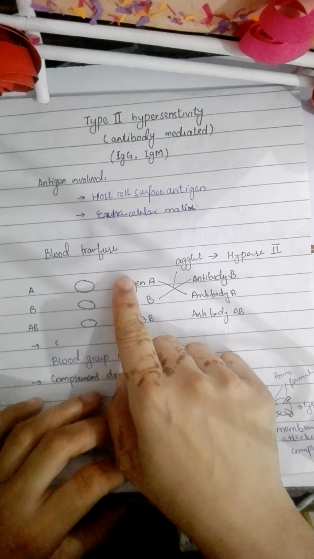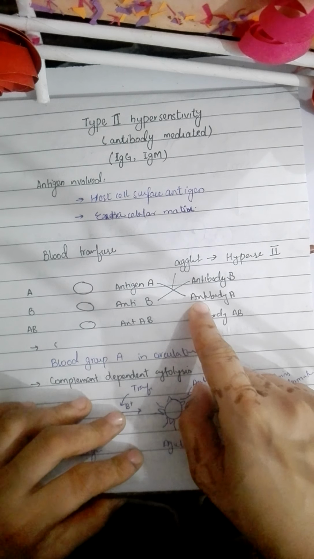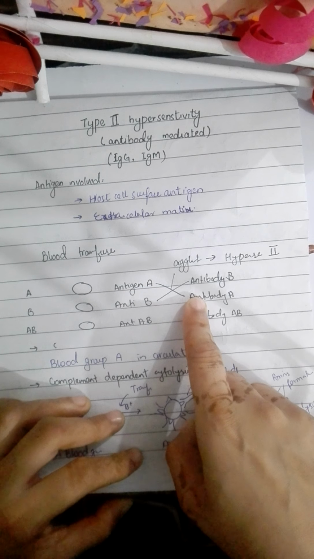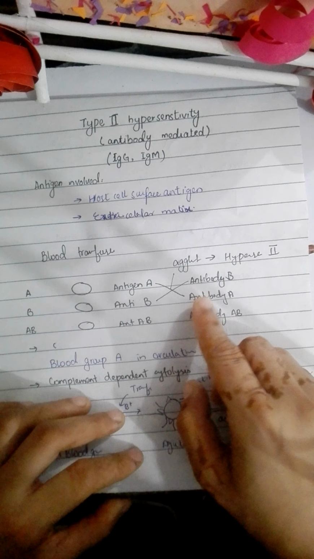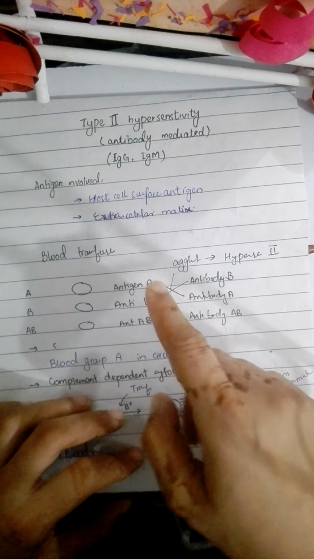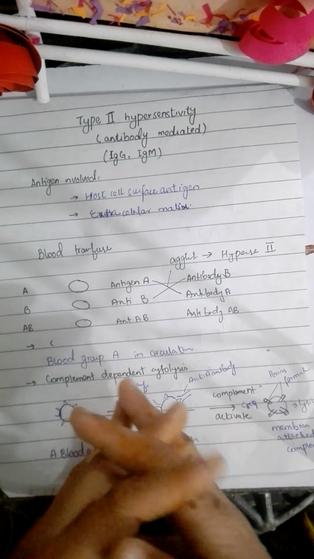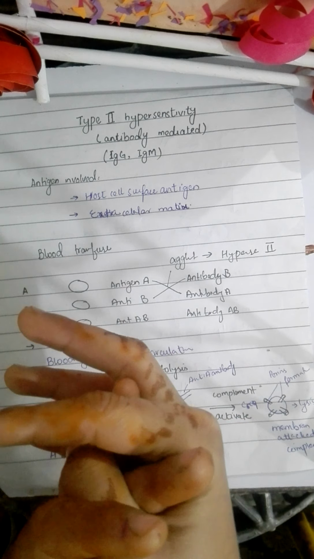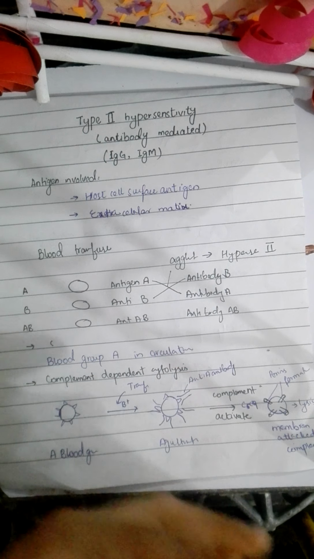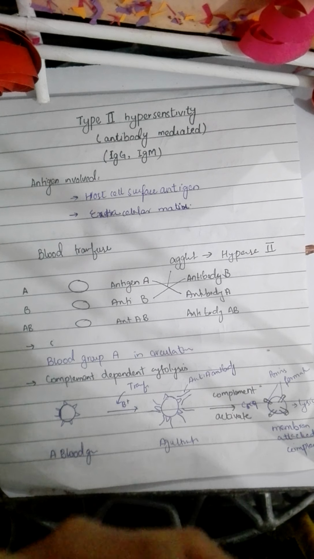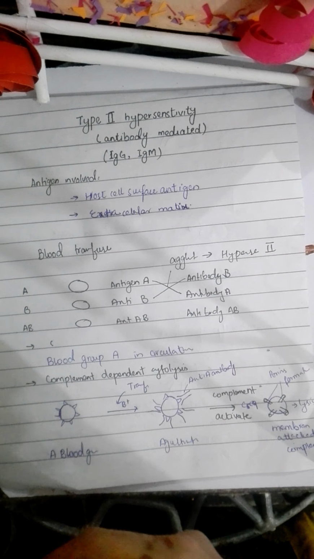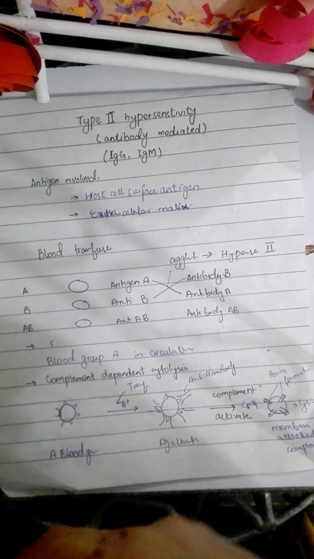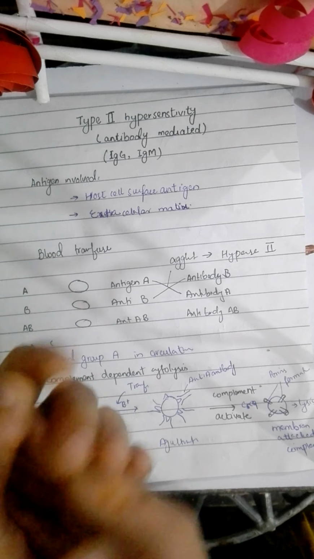The antigen A agglutinates with the antibody A. This is an important example of type 2 hypersensitivity reaction, when the antibodies of our body react to the antigen of our body. Both antibodies and antigen are present in our body in the extracellular matrix.